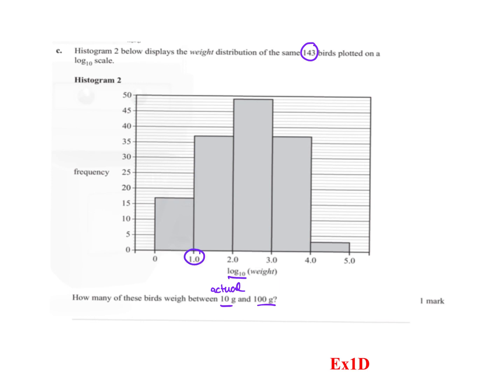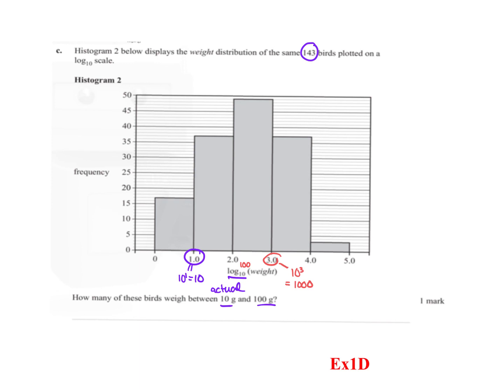Remember, 10 to the power of 1 is 10. What I do, and I think you should do, when you get these log scales, is write what they actually are. So that's 10 to the power of 3, which means 1,000. And this one means 100, because it's 10 to the power of 2.